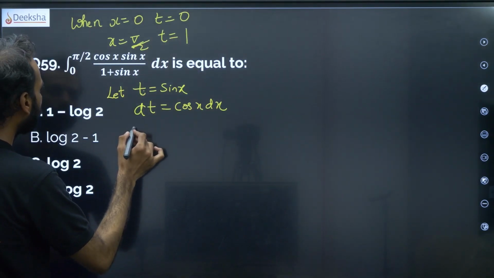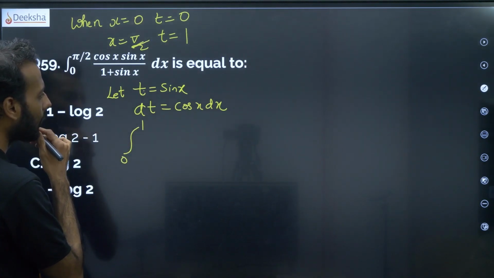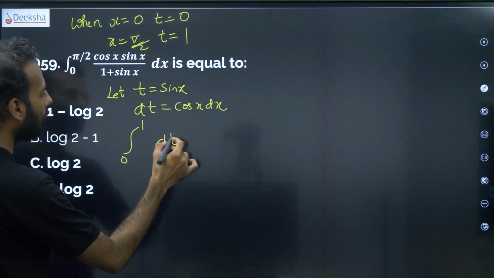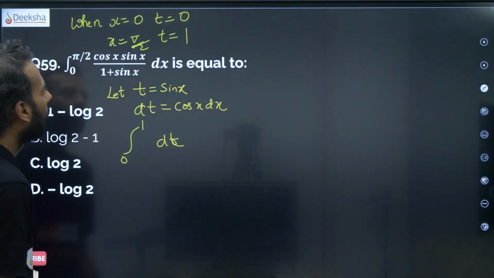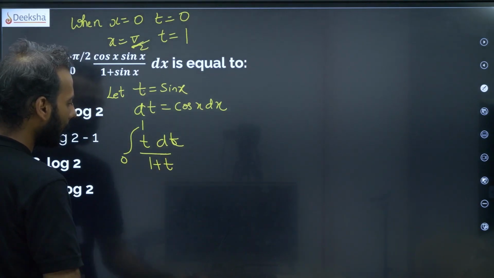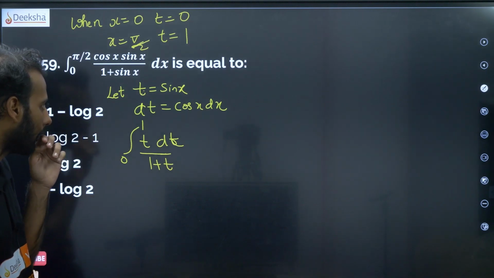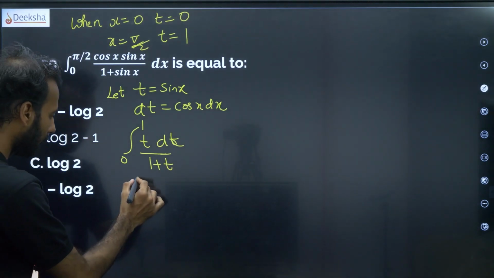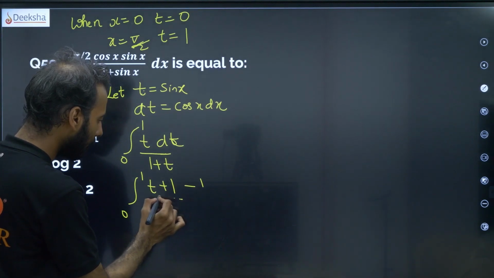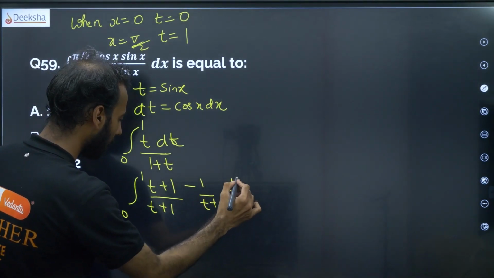So 0 to 1, in place of cos x dx, we write dt, so t dt by 1 plus t. So this integration we have to do, t dt by 1 plus t. For this, 0 to 1, t plus 1 minus 1 by t plus 1 dt.